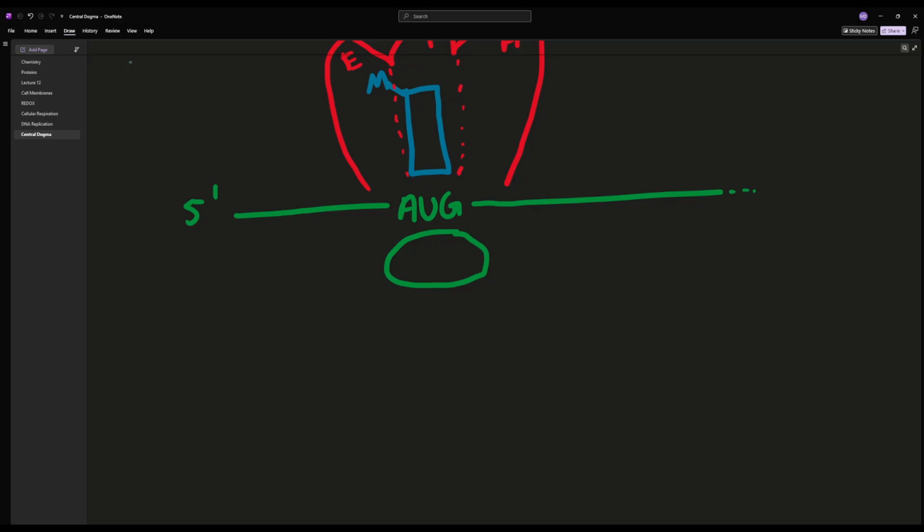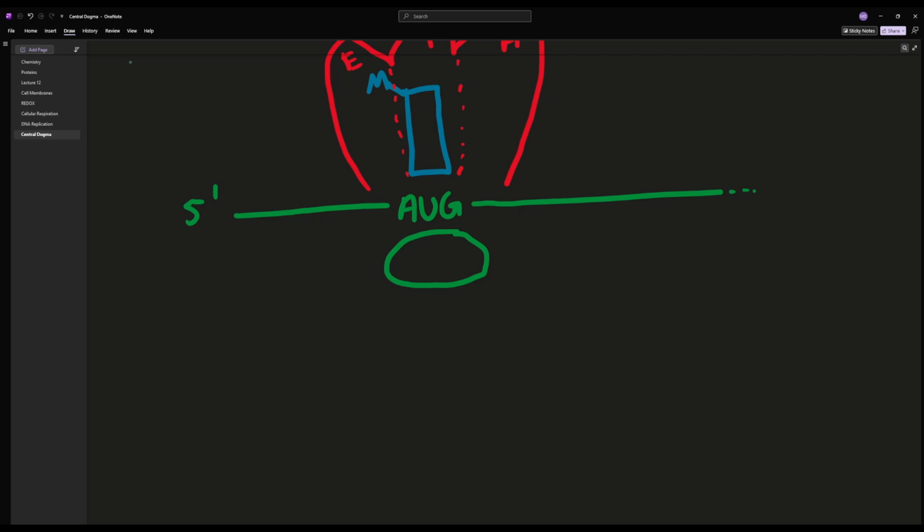So eIF4E is very involved. eIF4F is very involved with getting translation initiated. There are also the eIF2s. There are quite a few initiation factors. So I will leave it up to the specific professor whether or not you need to memorize all of those.